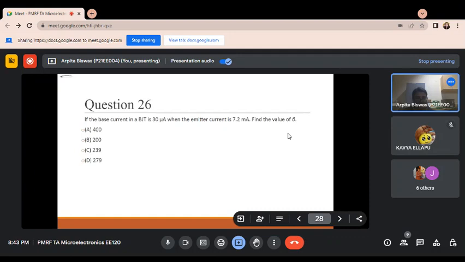At first convert to one unit, like microampere, or you can convert milliampere to micro. In one unit you can calculate, find the IC, and then put the value of IC, beta equal to IC by IB. Have you got the answer?